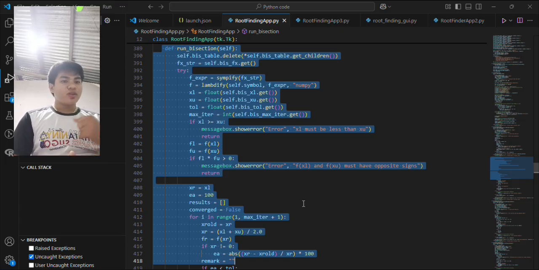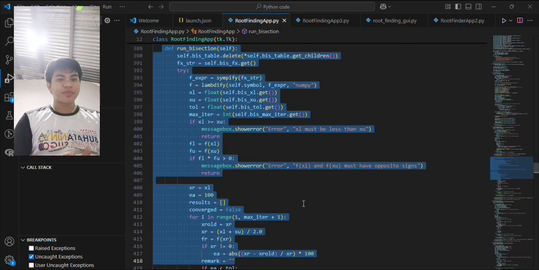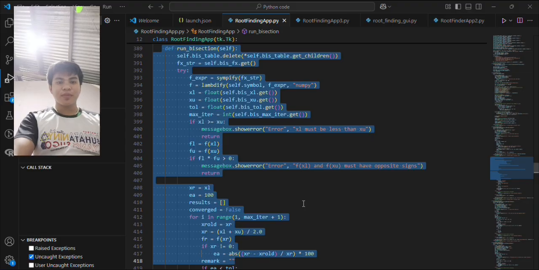It is guaranteed to converge if the function is continuous. Now, let's proceed to the code. Run bisection method. Let's talk about it step by step.